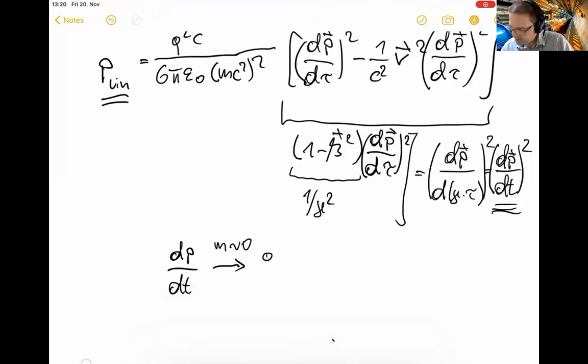We can replace this with the dE over dx. The dE over dx is the energy change of the particle. And what are typical values? 25 mega electron volts per meter.